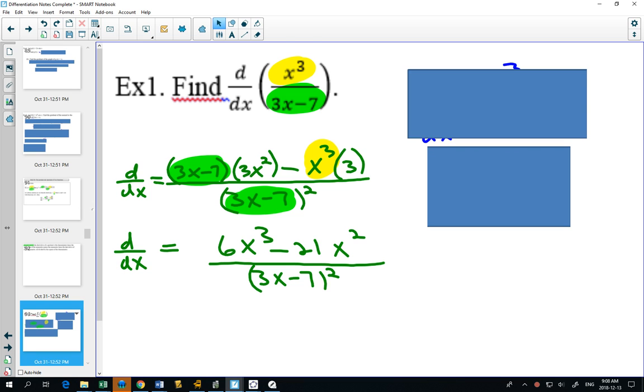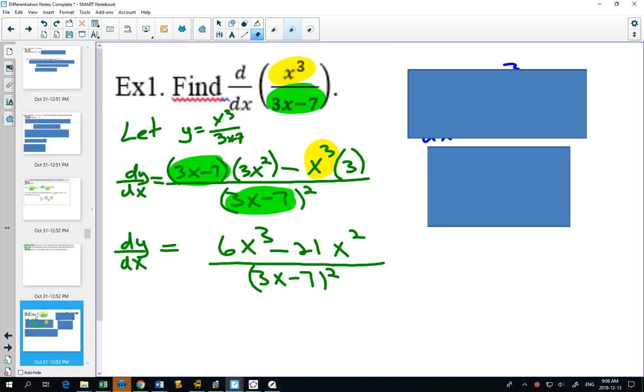If you're asking if you can write dy dx in this situation, okay? It's not bad, because there's no y in this question anywhere, so it's not bad then just to say let y equal x cubed over 3x minus 7. Technically, what would make the notation best here is that this is saying find d dx, which says find the derivative of what's inside.